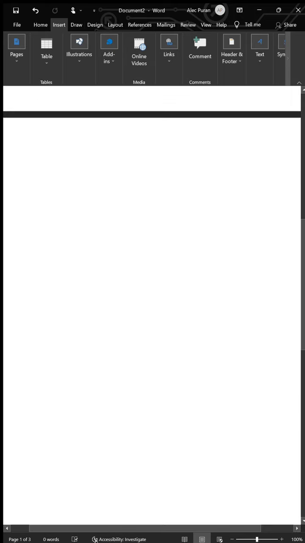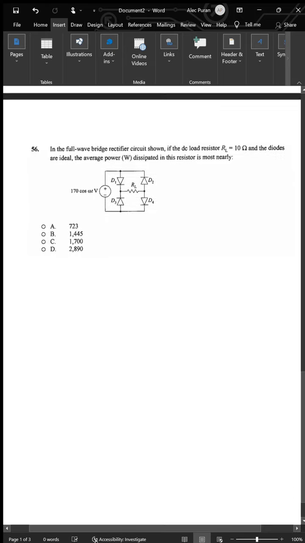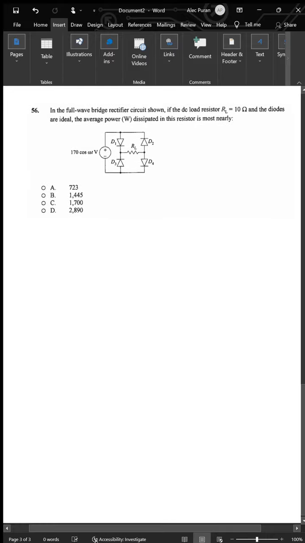So moving on, here we have problem 56, in which it states, in the full wave bridge rectifier circuit shown, if the DC load resistor RL is 10 ohms and the diodes are ideal, the average power in watts dissipated in the resistor is nearly what?